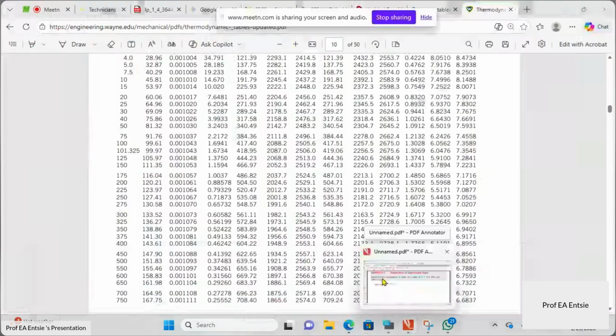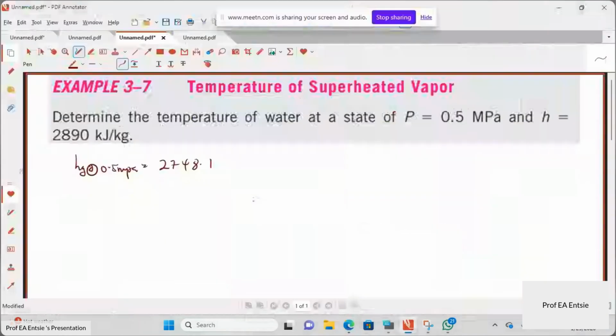That's Hg. And look at what the problem gave us. So you can see that H is greater than Hg. H is greater than Hf. Someone will use Hf. It doesn't make any sense. If it's greater than Hf but still less than Hg, then what it means is it is within the saturated mixture phase.